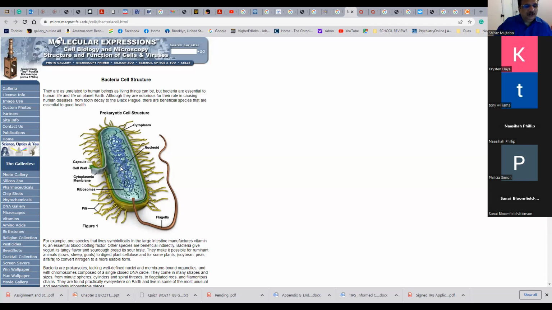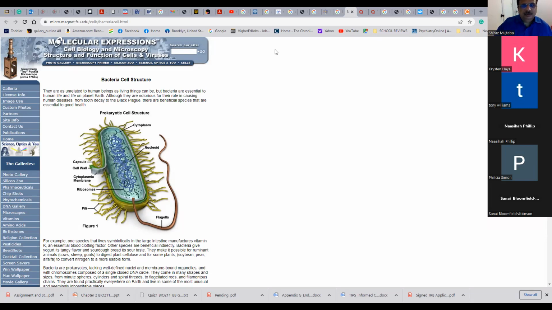So this is a typical bacterial cell. So first, let's consider what bacteria wants, right? Bacteria is a unicellular, single cell organism. So it wants things to be very simple.